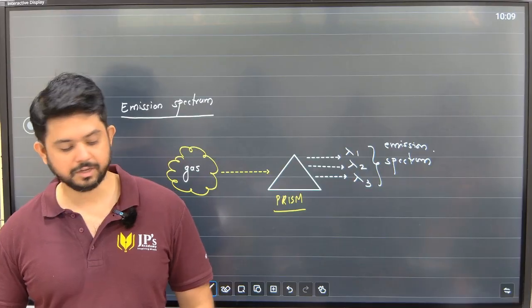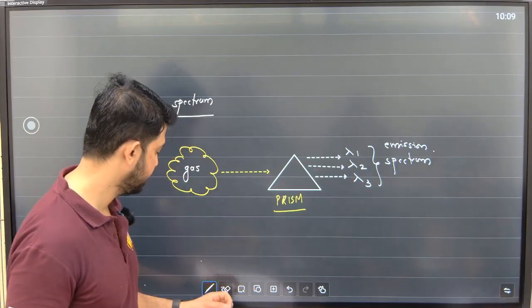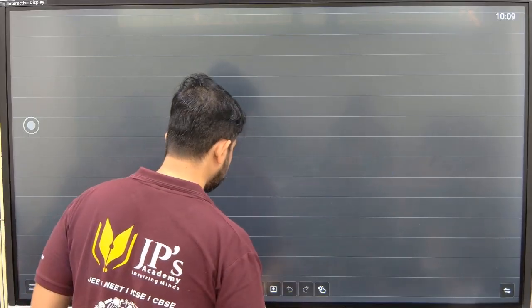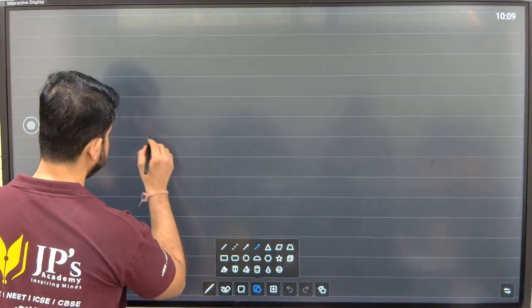Next, write down discontinuous or line spectrum.